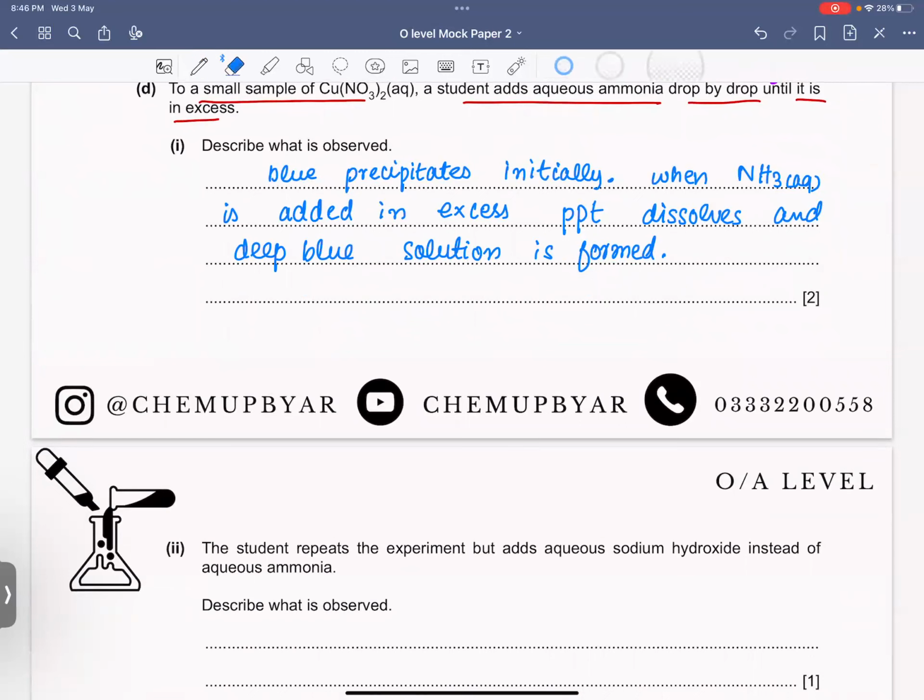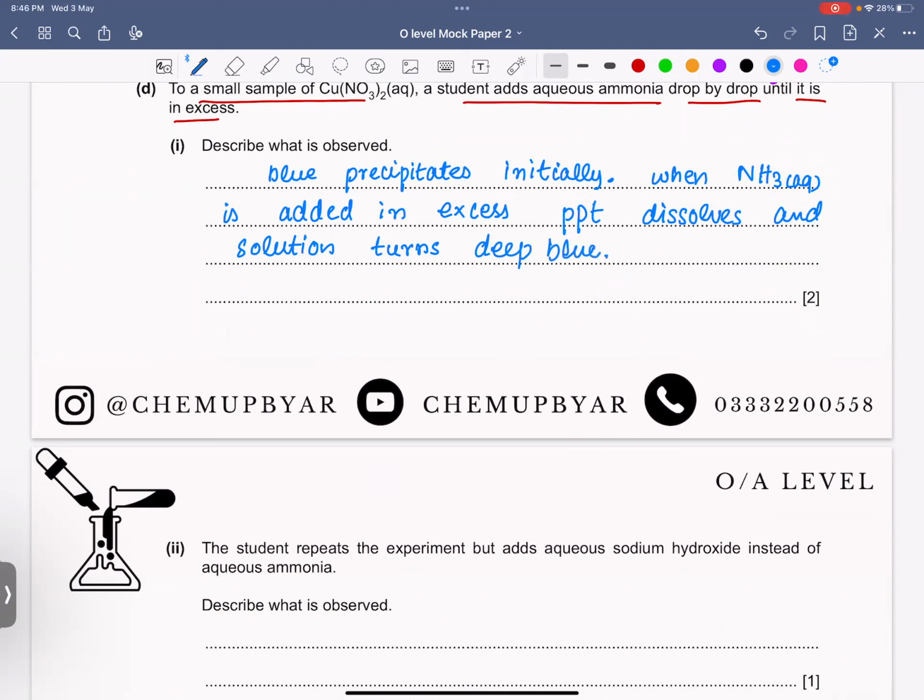It is wrong to say this because the solution is already there. So instead we write that the solution turns deep blue, or the color of the solution becomes deep blue.